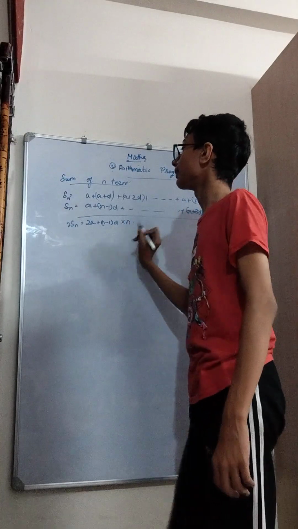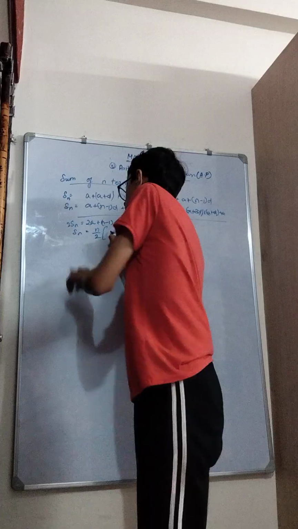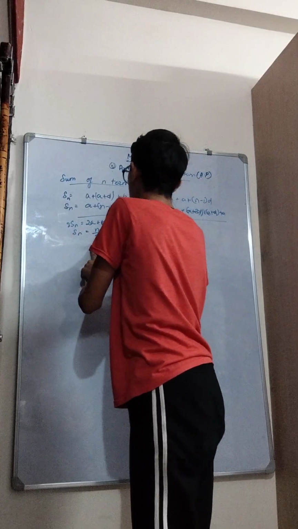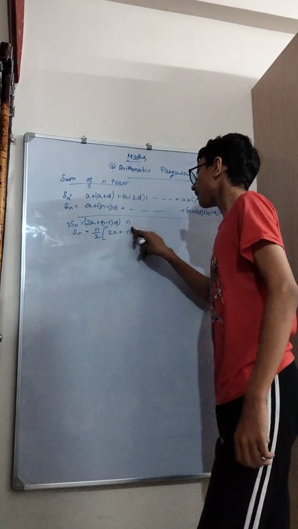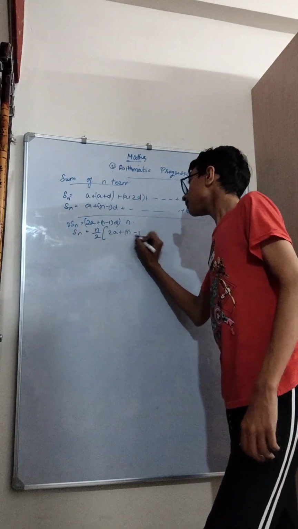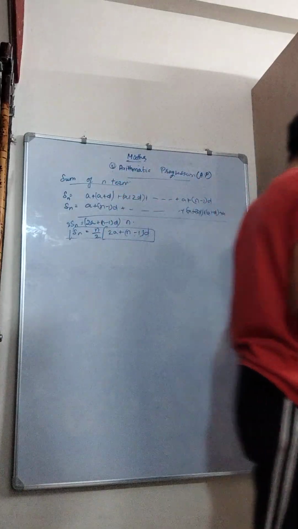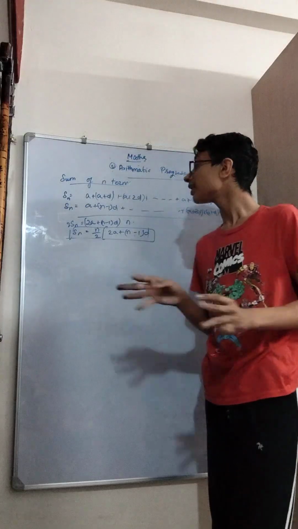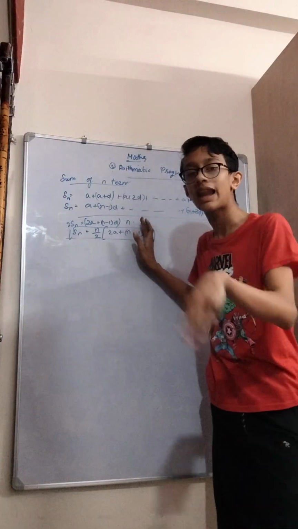So S_n is equal to n by 2 into, so this 2 will get transposed, (2a plus (n minus 1) into d). So this is how the sum of n terms was found. All thanks to 3 slaps, this formula was created.